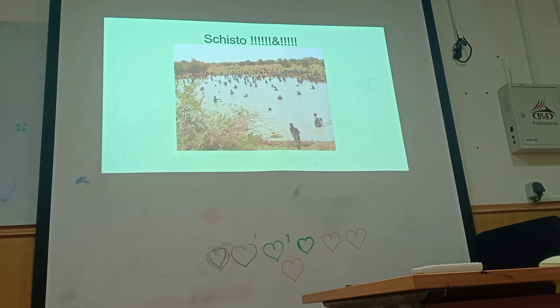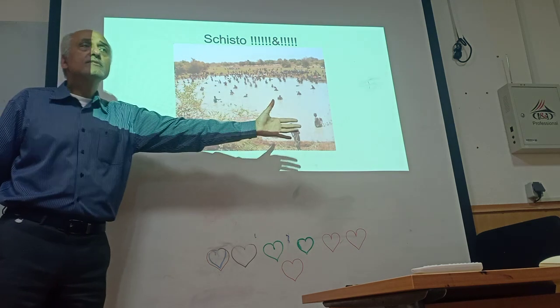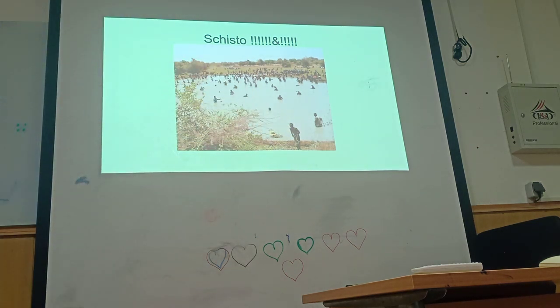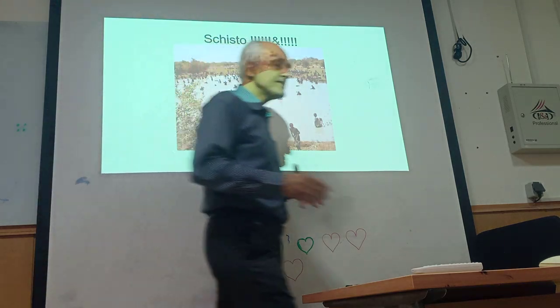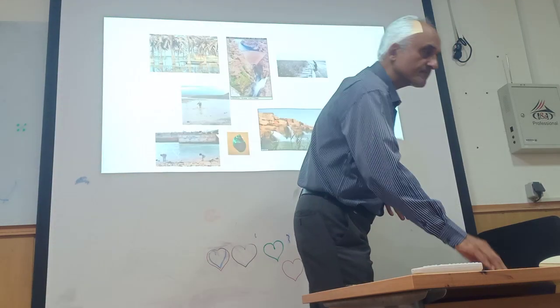Schistosomiasis, very easy. Swimming in this standing water, urine into the water, snails are plenty, ready, and cercaria are swimming to infect the others. So this is very easy to predict.